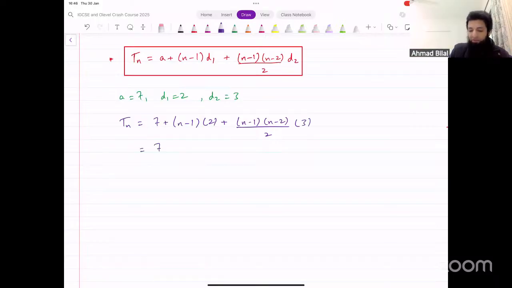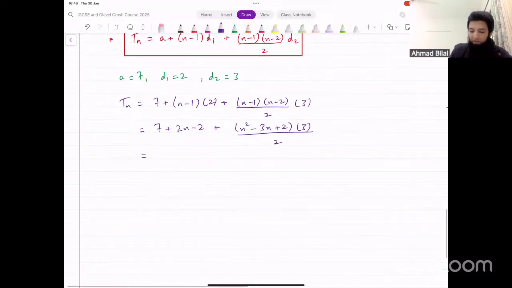You can simplify this a bit now. It becomes 7 plus 2n minus 2, plus n minus 1 times n minus 2. That is going to give you n squared minus n minus 2n, which is minus 3n plus 2, times 3 divided by 2. Let's simplify that further. That becomes 7 plus 2n minus 2 plus 3n squared minus 9n plus 6, whole divided by 2.